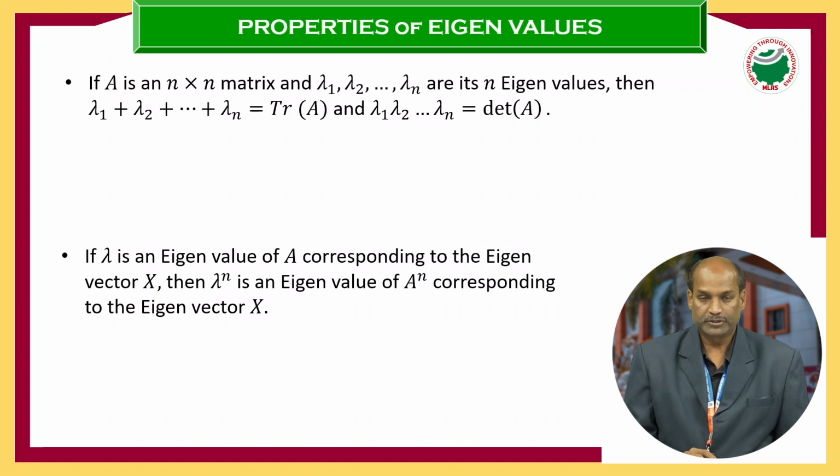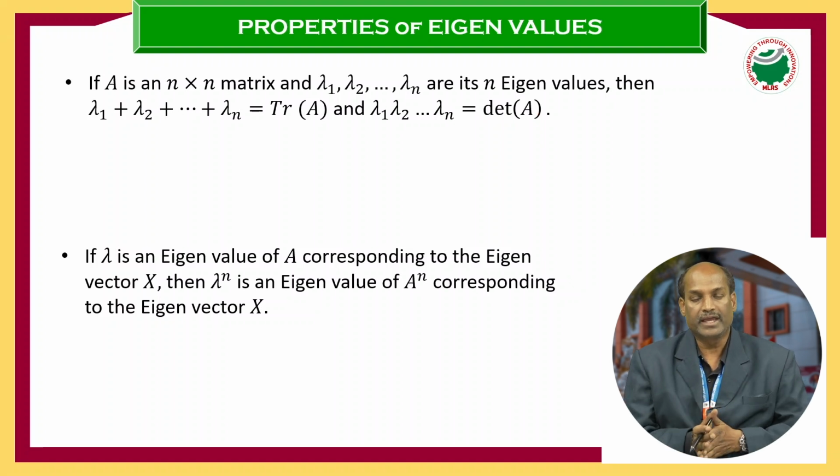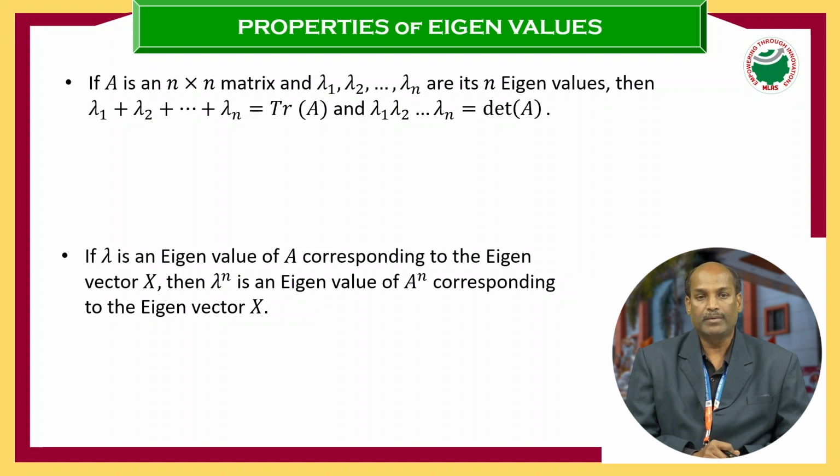Okay. So suppose A is an nth order square matrix and let lambda 1, lambda 2, and so on, lambda n be the eigenvalues. Then the sum of the eigenvalues, that is lambda 1 plus lambda 2 plus lambda 3, and so on, plus lambda n, is equal to the trace of the matrix. Trace of the matrix means the sum of the diagonal elements.